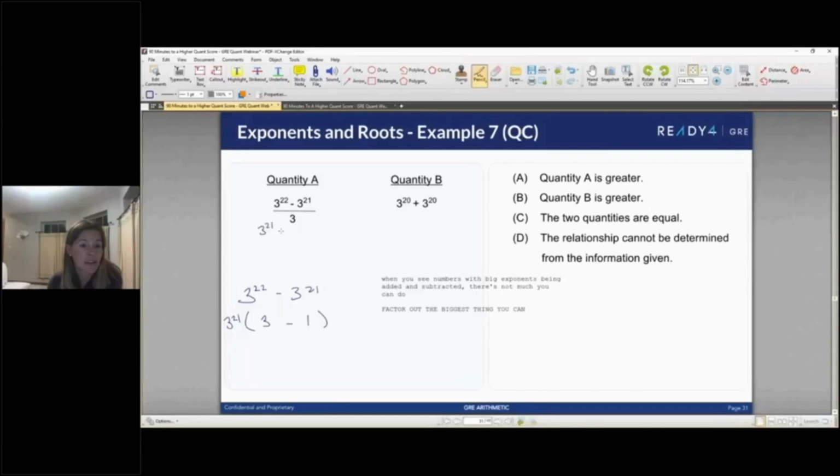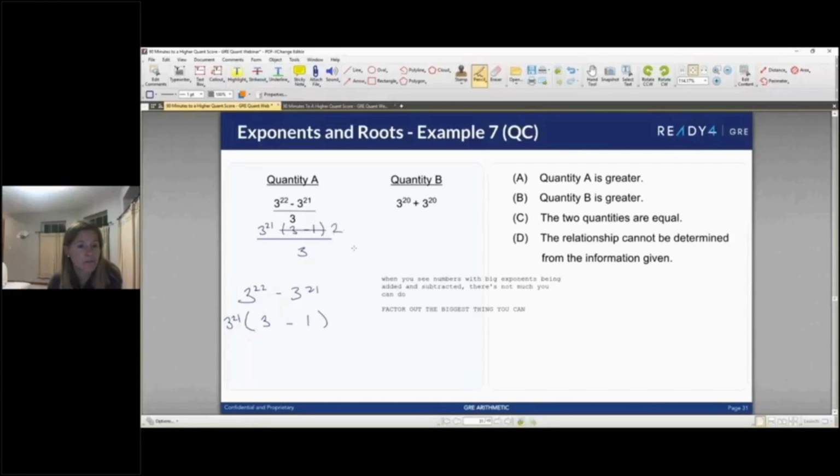So we've got 3 to the 21st times 3 minus 1 over 3. Okay, so what can we do now? Well, let's just get rid of this and call it 2.